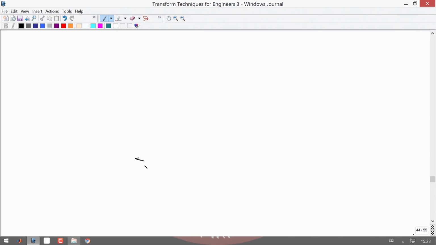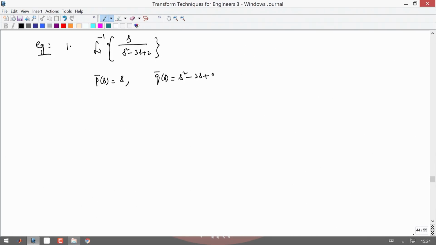So, let me do an example using this Heaviside expansion. One is how do you find this inversion with simple partial fractions: s over s square minus 3s plus 2. So, what is your p bar of s? That is s, and q bar of s is a second degree polynomial, s square minus 3s plus 2, which is s minus 2 times s minus 1.